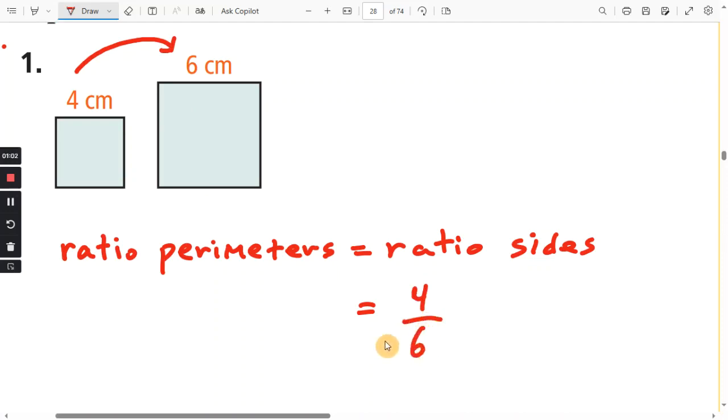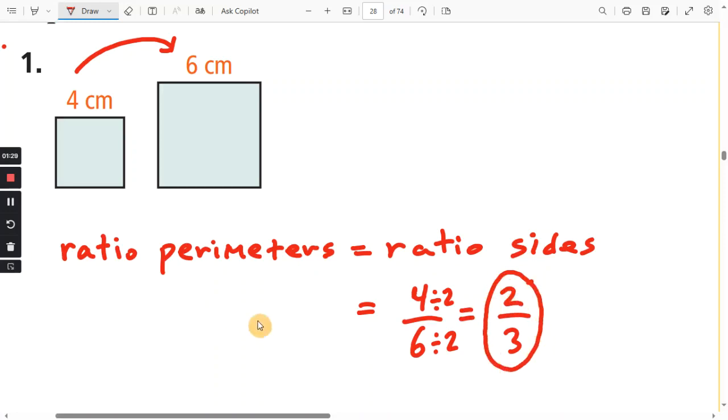All right, and of course you want to reduce that fraction. These are both even numbers. So on the top, I'm going to do divided by 2. That's a 2. On the bottom, 6 divided by 2 is 3. So I just did divided by 2 on the top and divided by 2 on the bottom in order to reduce that fraction.